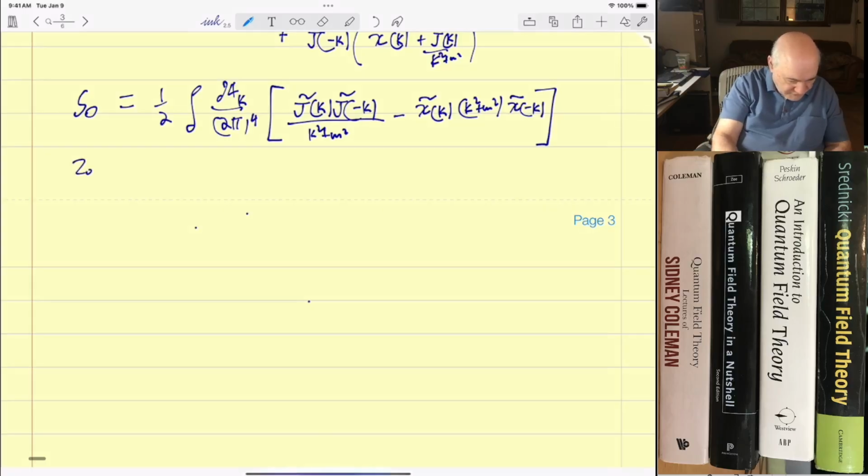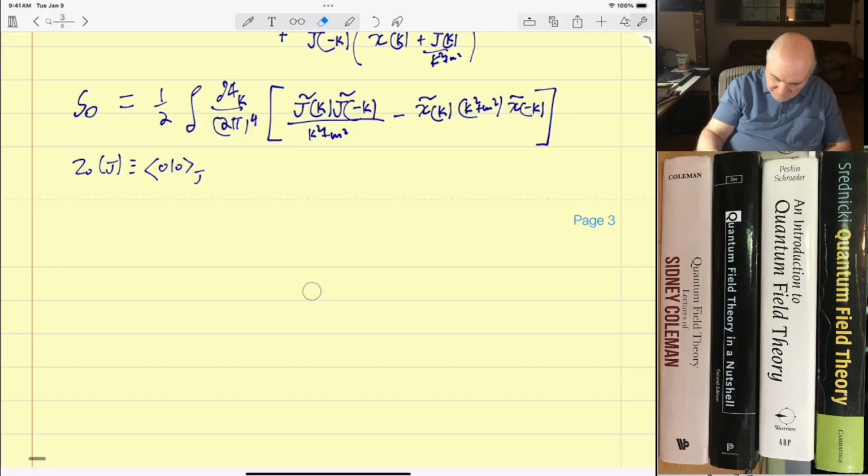So Z0 of j, which I remind you is defined as vacuum to vacuum in the presence of a source, is equal to e to the i over 2 times the integral d4k over 2 pi to the fourth of j tilde k j tilde minus k over k squared plus m squared.